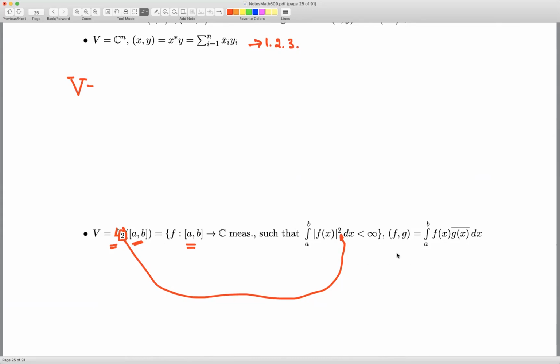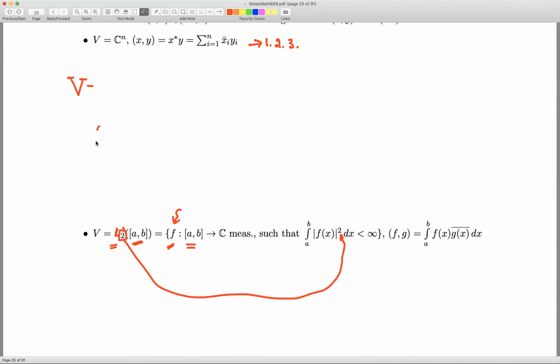And then one can define the inner product over this set. As I mentioned before, when we say the set of all functions, actually every element here is an equivalence class. It consists of functions that differ from each other on a set of measure 0.